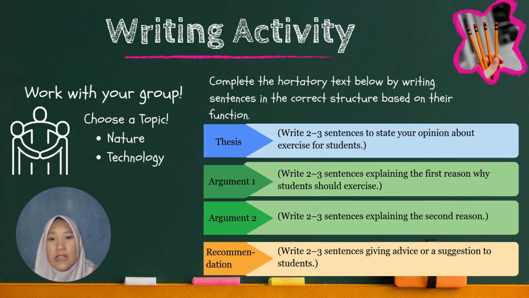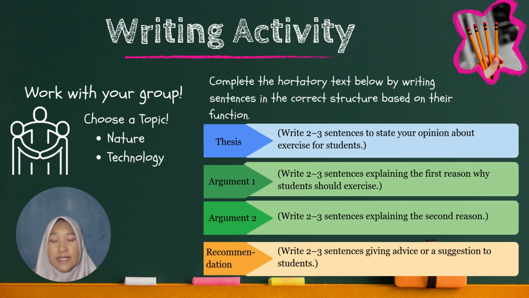Alright, students, let's move to the writing activity. You still work with your group. Please choose a topic related to nature, technology, or a topic that interests you. After that, you need to write a hortatory text based on that topic, with the correct structure of the hortatory text.